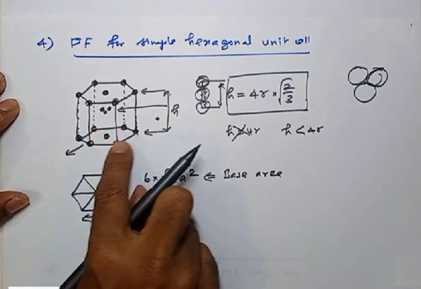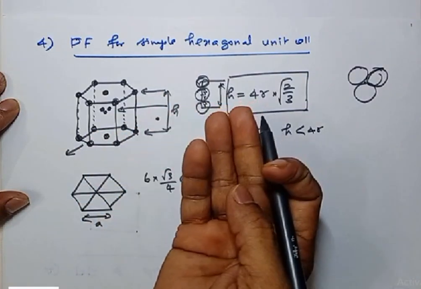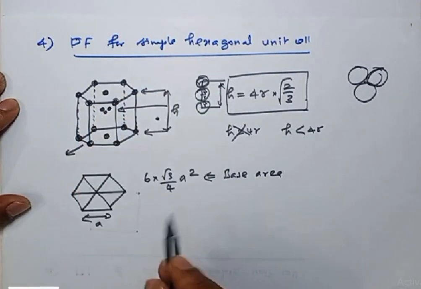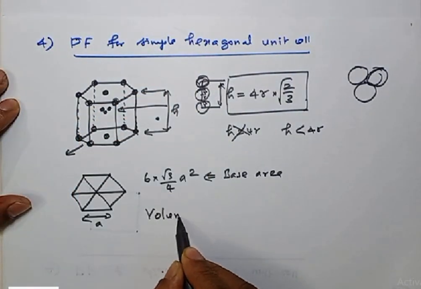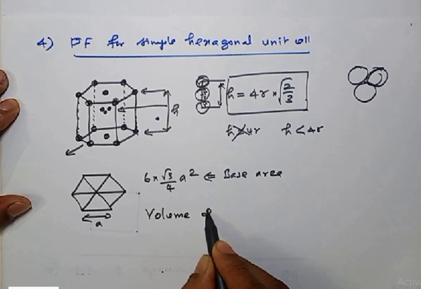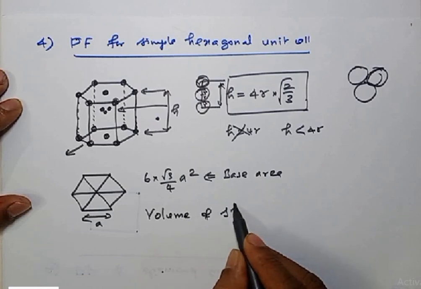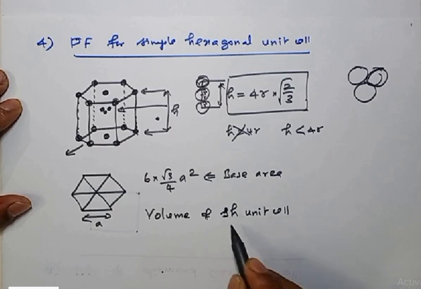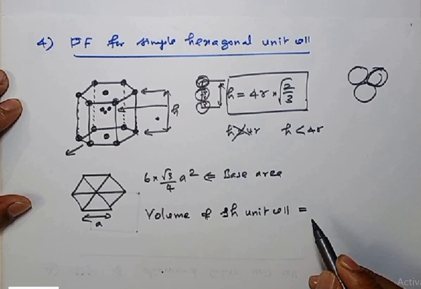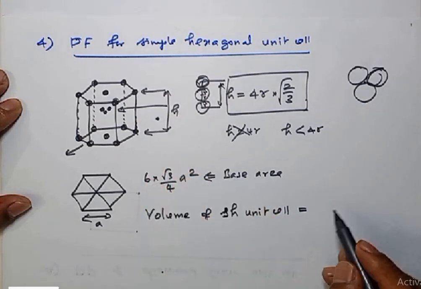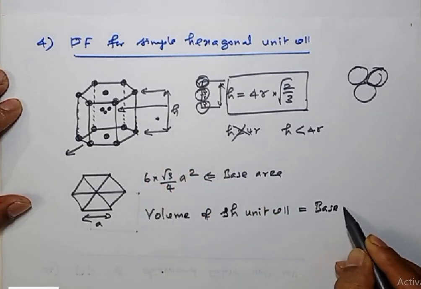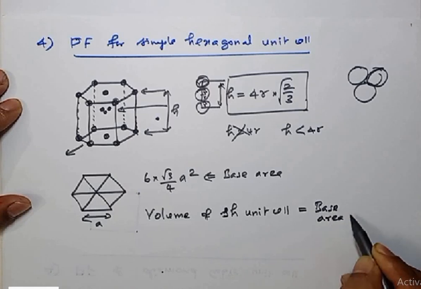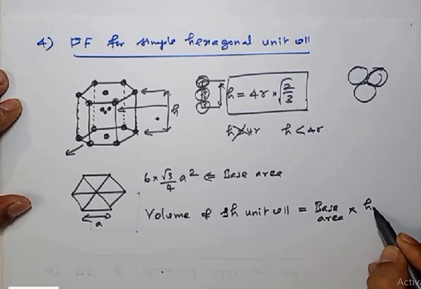You know very well, base area into height will give you the volume. So what is the volume of the simple hexagonal unit cell? Volume of SH, simple hexagonal unit cell, is equal to base area into height of the unit cell.